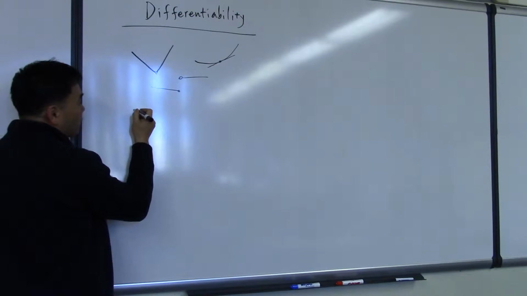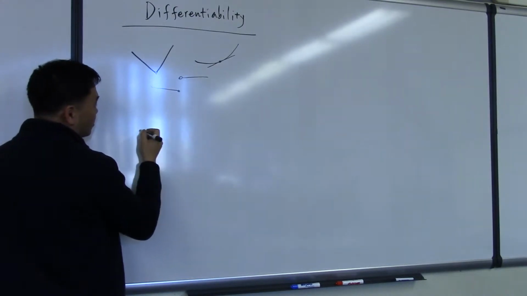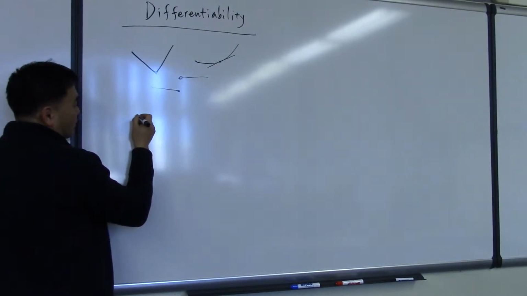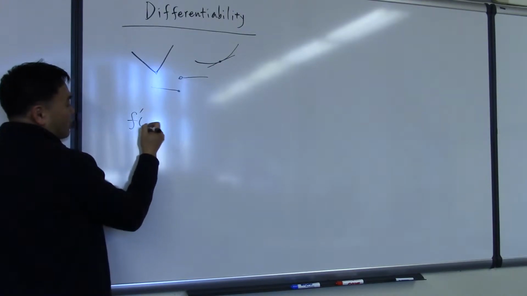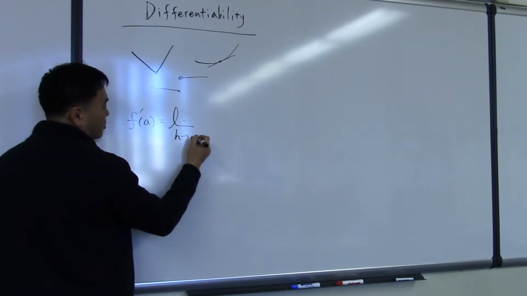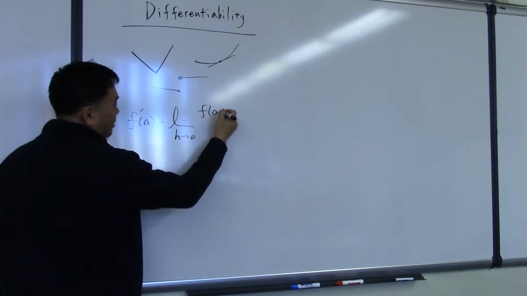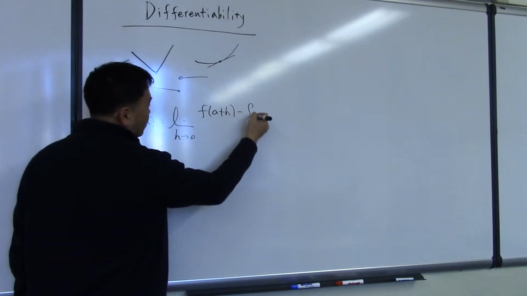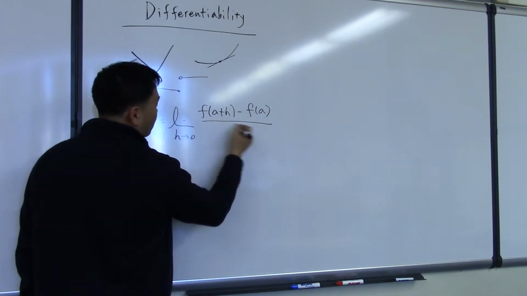So we go back to the definition of the derivative: f prime of a equals the limit as h goes to 0 of f of a plus h minus f of a, over h.